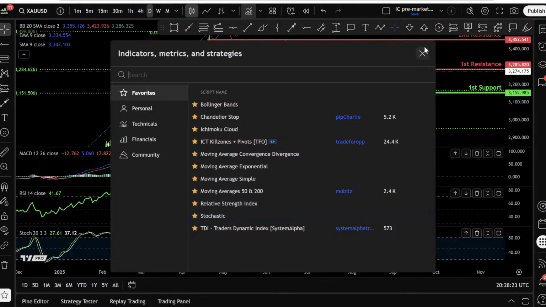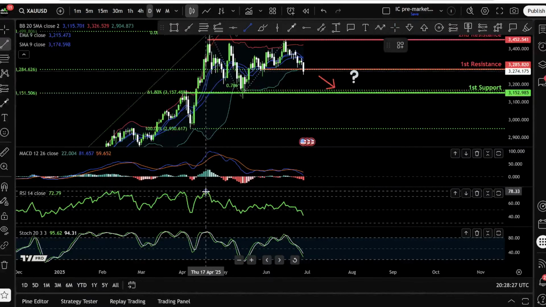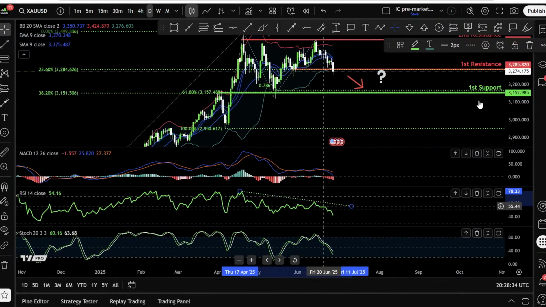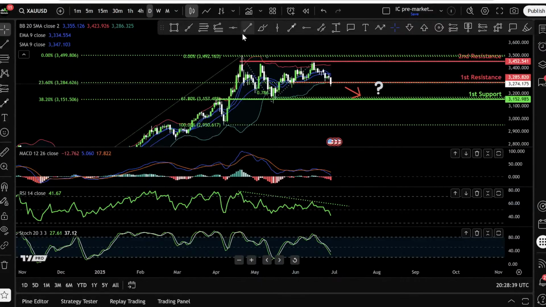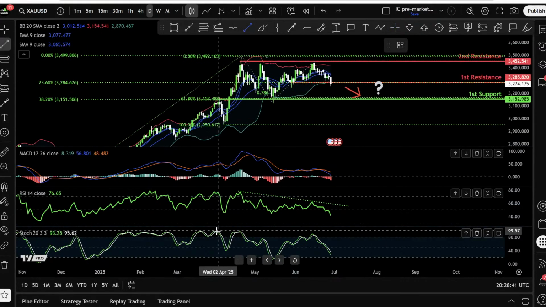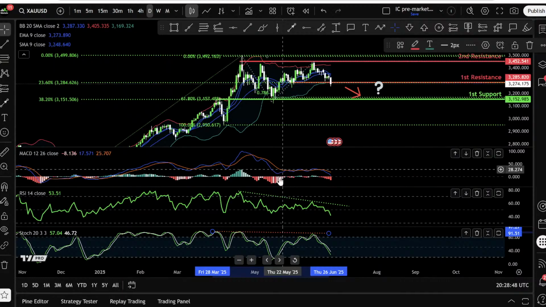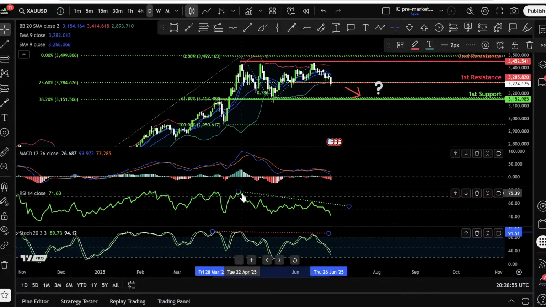Let's look at RSI and stochastic. Okay, this is not a valid trend line here. But okay, on our stochastic, this is a trend line here. You can also see it dropping as well.